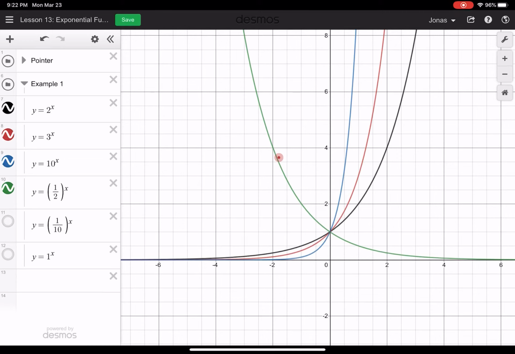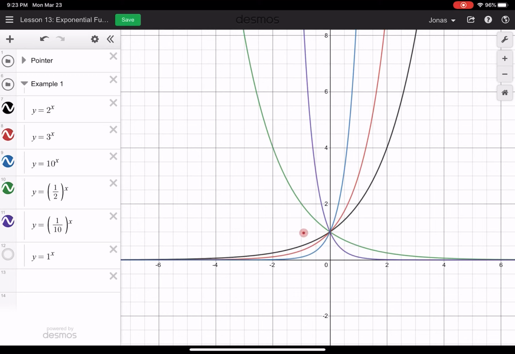Let's look at one more. This was a base of a half. Let's make our base even smaller, closer to 0. Let's do 1/10. So the exponential function 1/10 to the x does behave similar to 1/2 to the x. That is, it goes up to the left, and on the right-hand side, it goes down and approaches the x-axis.